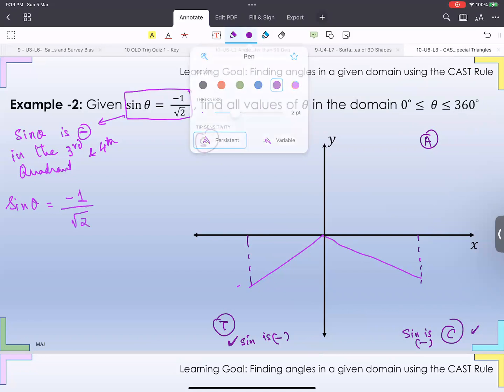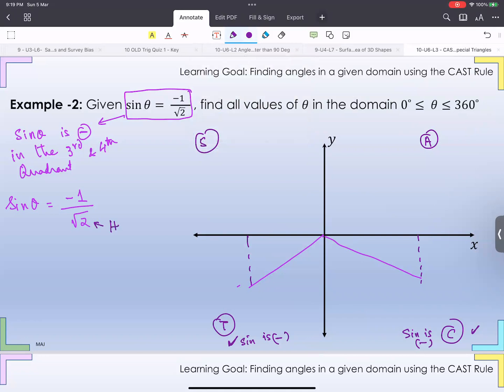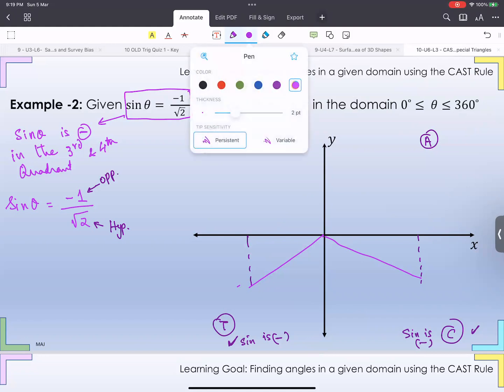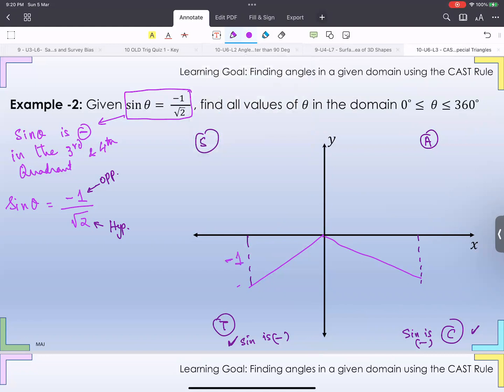As usual, this is the hypotenuse, and this is the opposite side. So the opposite side is negative 1, because that's in the negative y direction, right? And this side is also negative 1 because that is the opposite side. And here the hypotenuse is root 2.